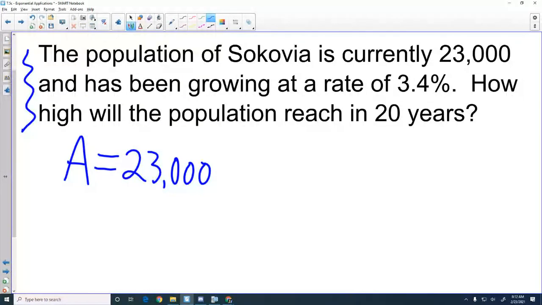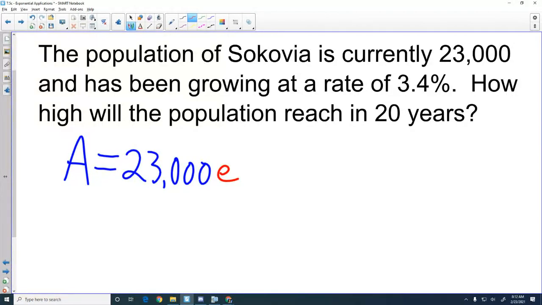Is e a variable that I have to look for in the word problem? Nope. e is a number already built into your calculators. It's that special number 2.71828, etc.